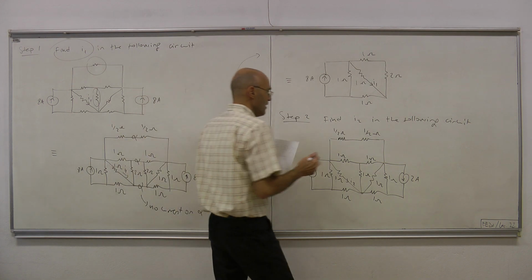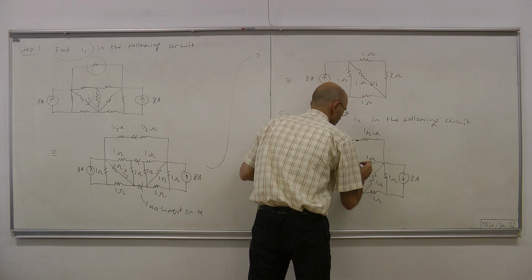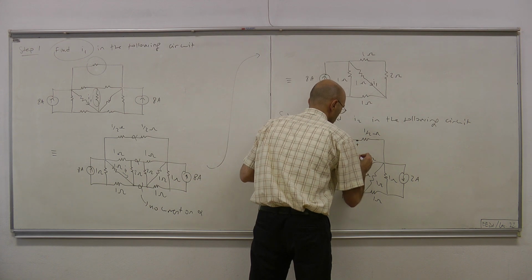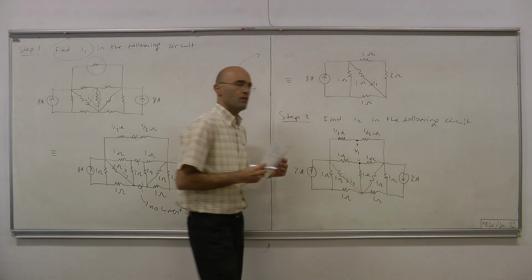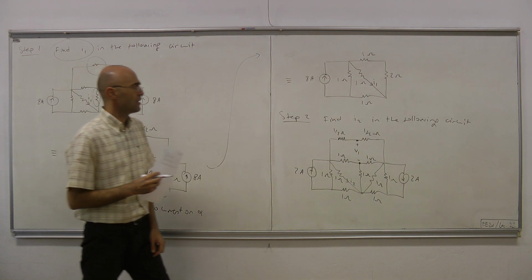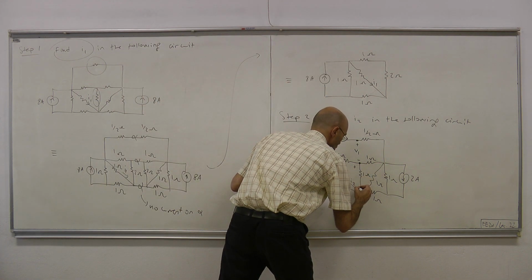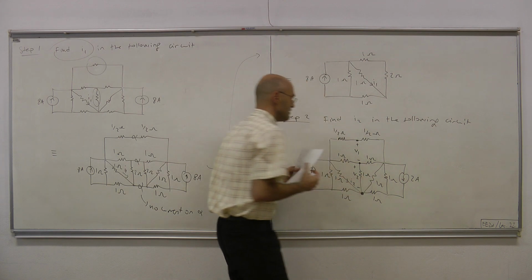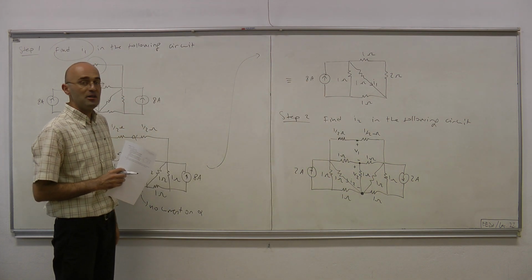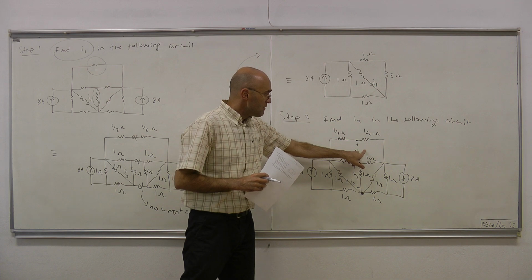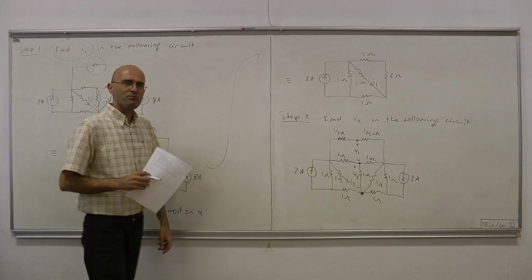Okay. Now let's consider the voltage difference between those two nodes, which I'm calling V1, or voltage difference between these two nodes, which I'm calling V2. Now, the claim is that both V1 and V2 are zero.